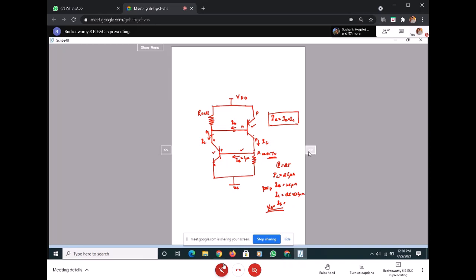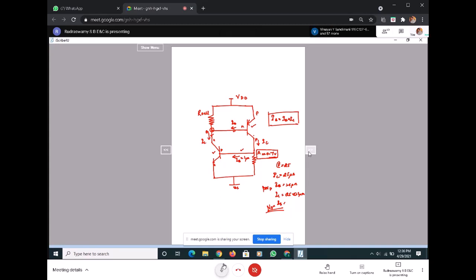How to ensure that the voltage at this point, or the voltage at this point, is very minimum, almost zero, you can say? What to do in this circuit?